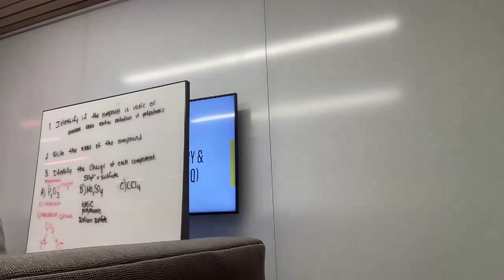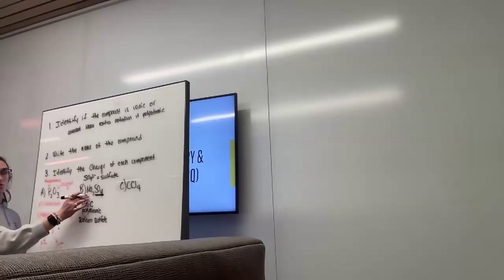The only reason you don't need those Roman numerals is because sulfate will always have a -2 charge, just like how oxygen always has a -2 charge. We know that sulfate, this SO4 right here, would always be -2. We know that sodium always has to be +1. So we would always need 2 sodiums to match that 2- of our sulfate.